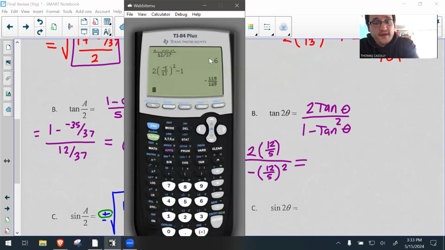Let's throw all of that in. We have 2, then we have another fraction, that's going to be 12/5. And then 1 minus 12/5.